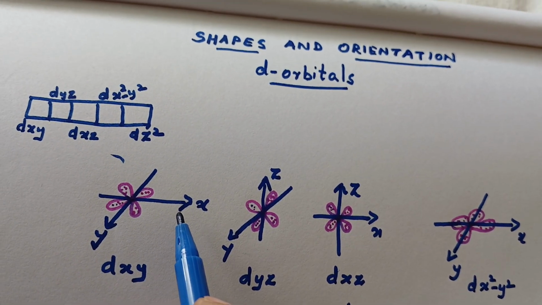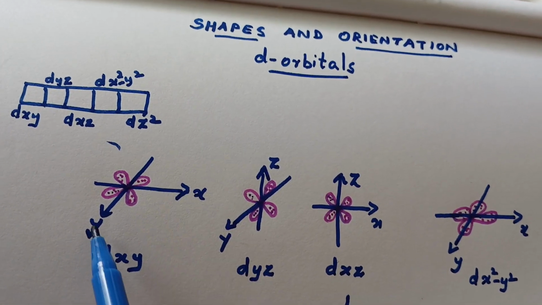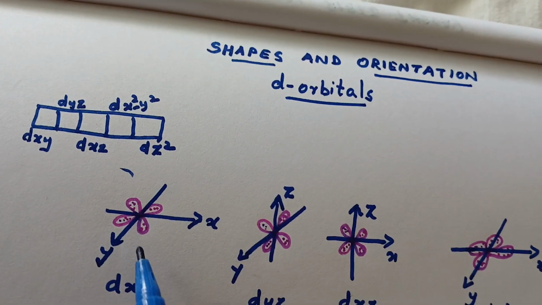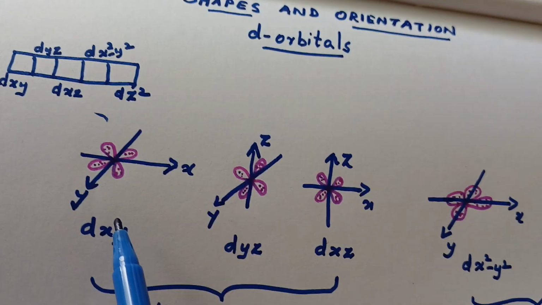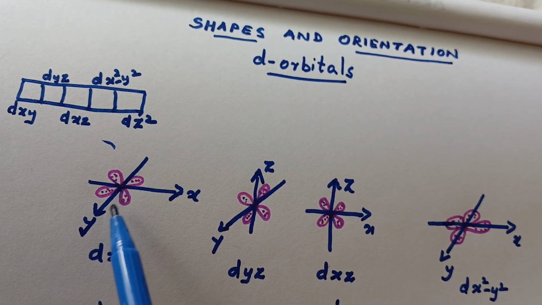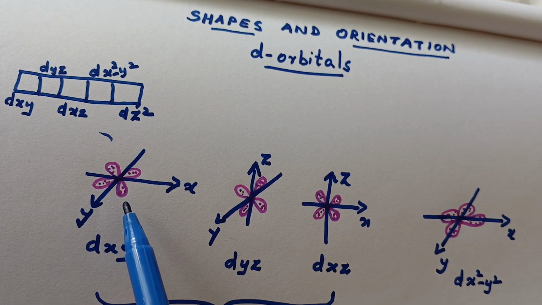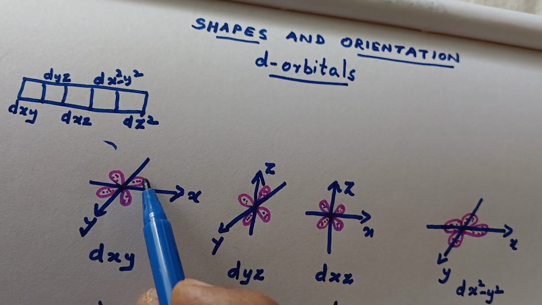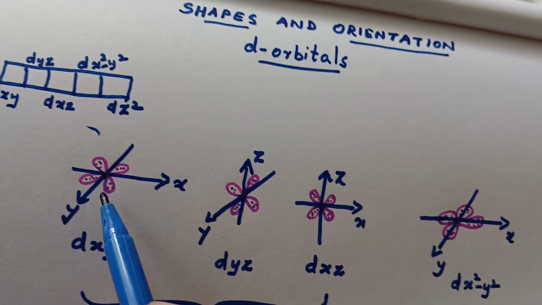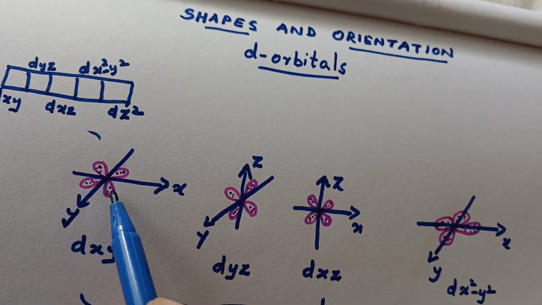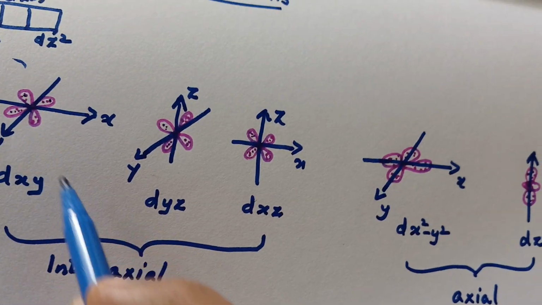Now you know that if we draw the x, y and z axis, the dxy orbital lies between the x and y axis. Here these are the lobes, and that is where you can see the electron cloud in d orbitals.